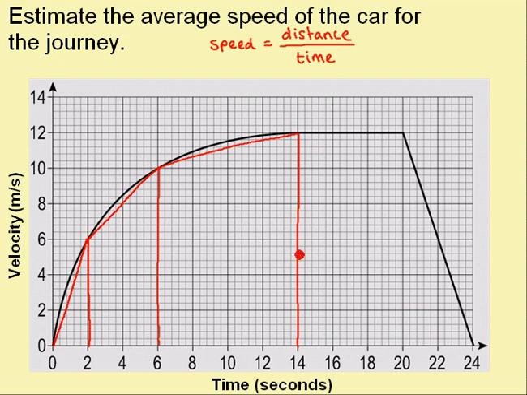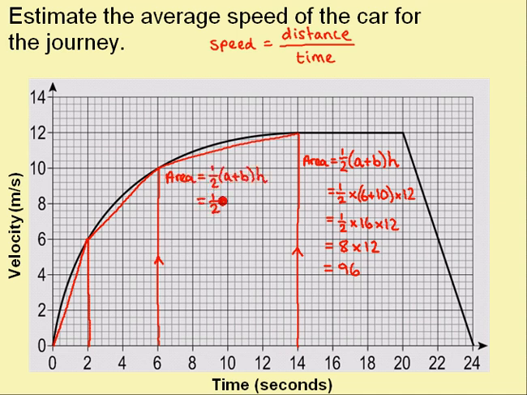So I'm going to start by finding the area of this trapezium here. Now I want to find the area of this trapezium here. It's a little bit more awkward than the last one because the parallel sides are here and here. So this time I still have the same formula.